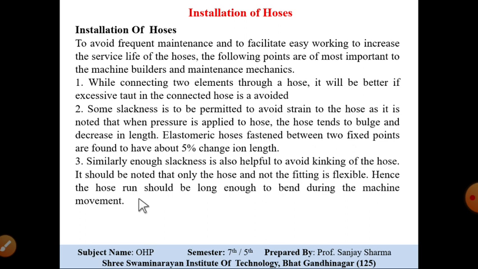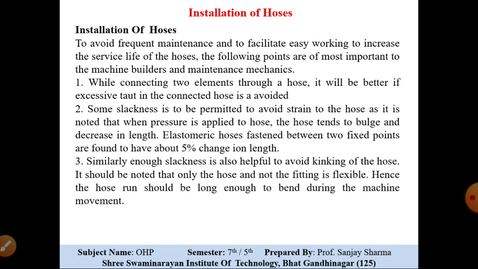So while operating, you have seen the JCB, the arms, they move along almost 180 degrees or more than 180 degrees. So during that motion, the hose pipe should bend enough so that it won't crack, and it should elongate enough so that it won't fail in twisting.